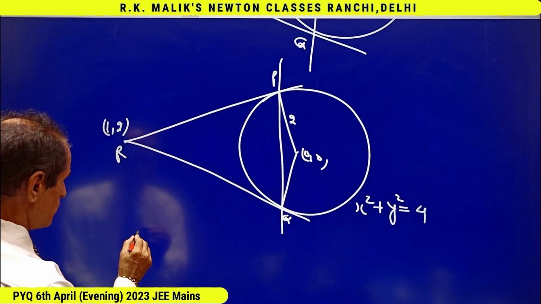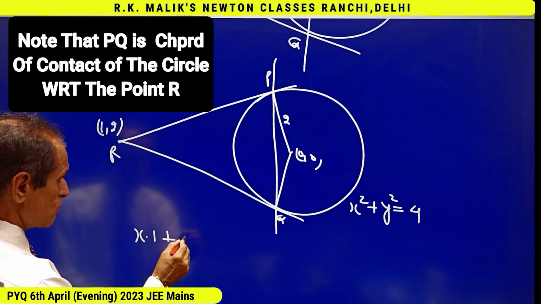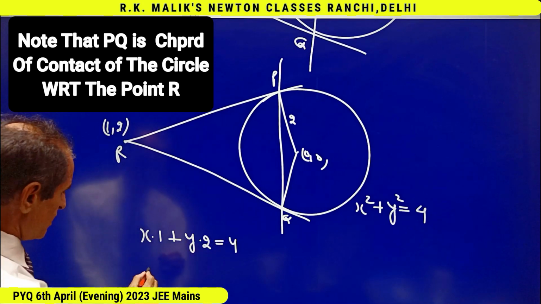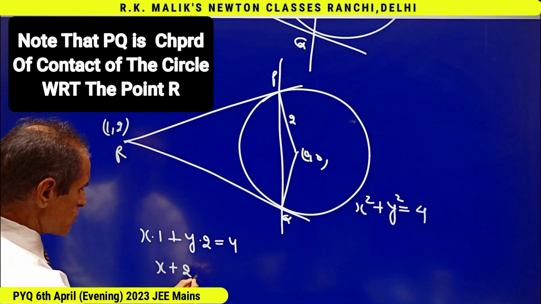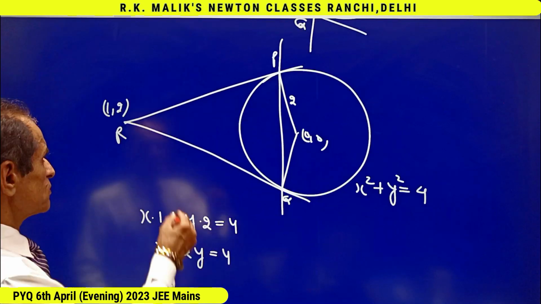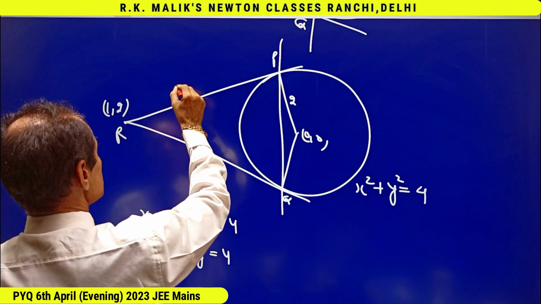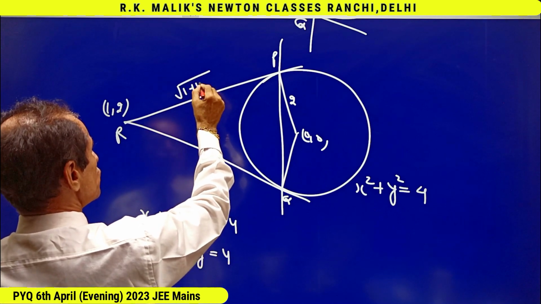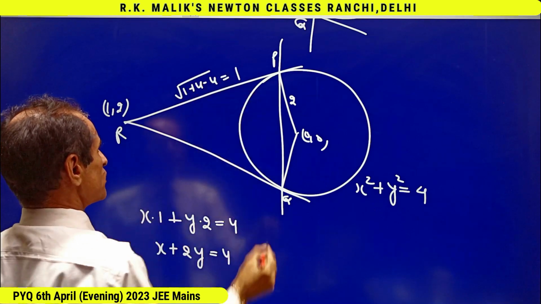Equation of PQ will become x into 1 plus y into 2 equal to 4. That is x + 2y = 4 is the equation of PQ. The length of PR is clearly √(1 + 4 − 4), that is 1.